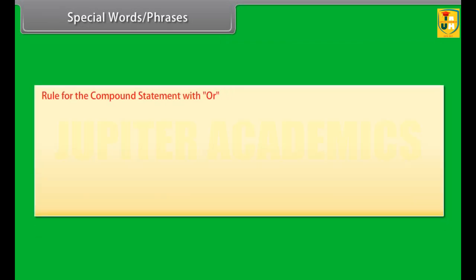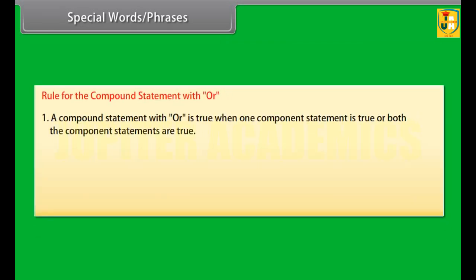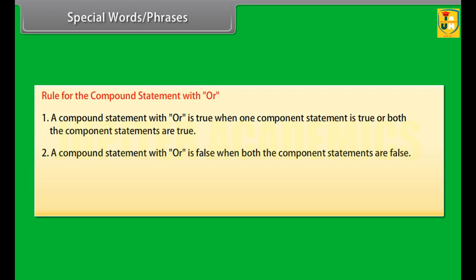Rule for the compound statement with or. 1. A compound statement with or is true when one component statement is true or both the component statements are true. 2. A compound statement with or is false when both the component statements are false.